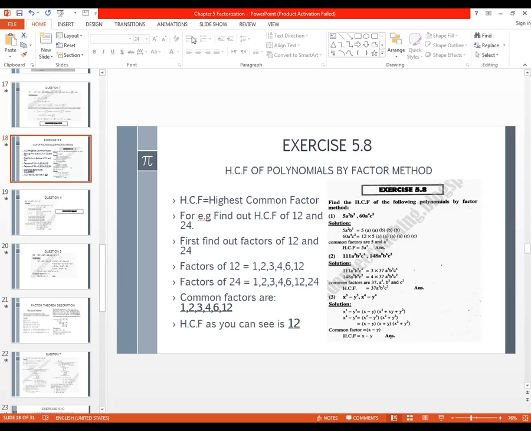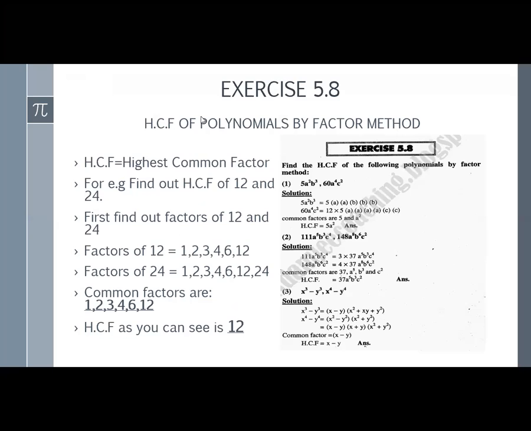But before starting this exercise, we should know what this exercise is about. The first line mentioned in the exercise says, find the HCF of the following polynomials by factor method. Firstly, we should know what HCF is. What is HCF? Highest common factor.